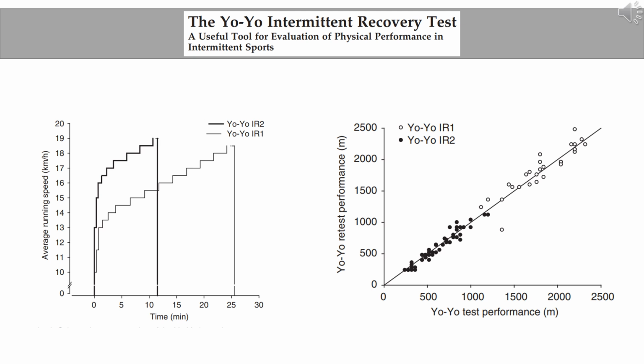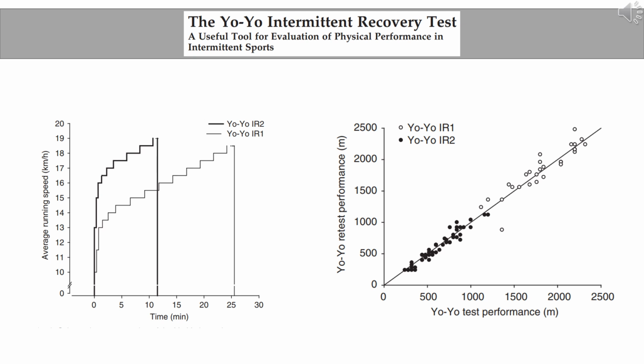So this is a fantastic review article, and we've got a few slides from this paper that outline some really important key considerations from the yo-yo intermittent test. So this first graph on the left here provides just a visual comparison of speed versus time for our intermittent recovery level 1 and level 2 tests.